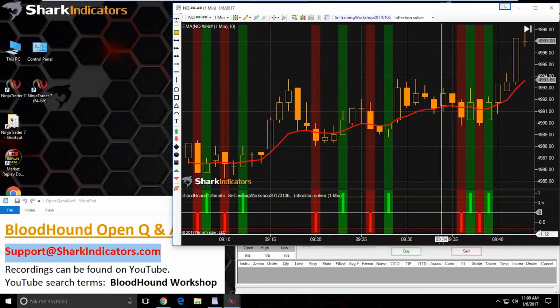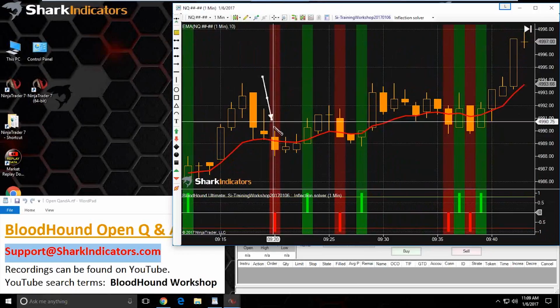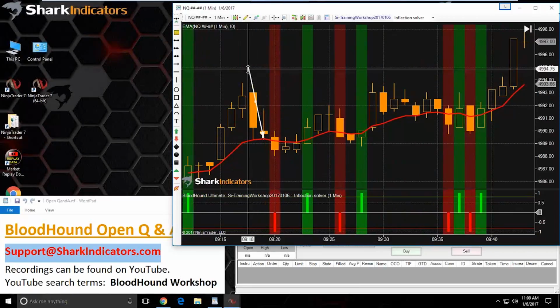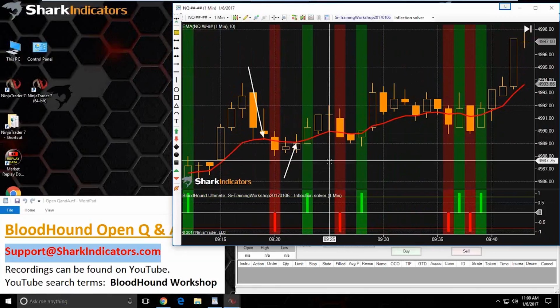All right, so I'm going to stretch this out so we can take a look here. We can see right there, the EMA reverses down. And then right there, the EMA reverses up.